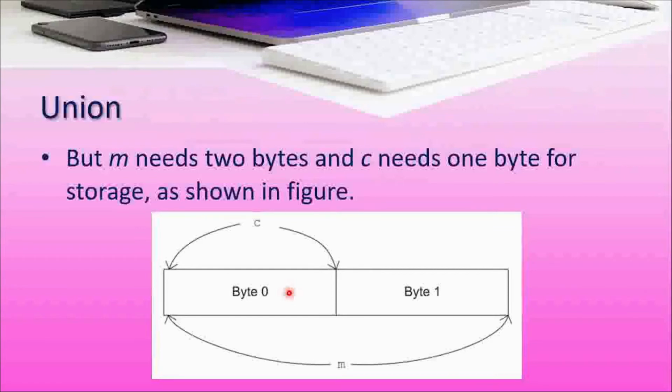Even if it contains, say, 5 different integer types, the memory to store only one integer data item will be reserved for the union. But in the case of a structure, if there are 5 different integer variables inside it, then obviously 5 into 2, that is 10 bytes, will be reserved for storing the data in that structure. That is the main difference between structure and union.